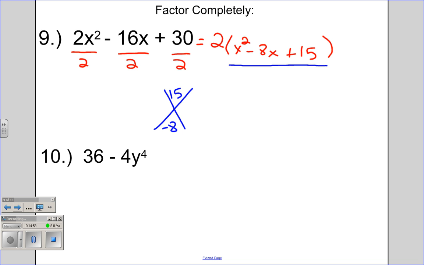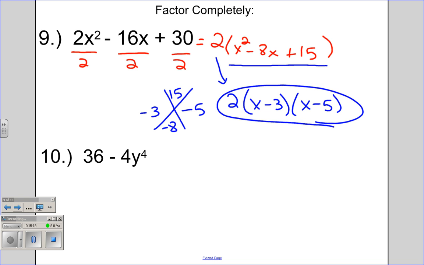So if it's a positive multiplying to give you a positive, signs have to be the same. So which two numbers multiply to give me 15 and add up to 8? 3 and 5. So now we're going to bring down the 2. And then what times what gives me x squared? X. So x minus 3, x minus 5, and it's factored completely.